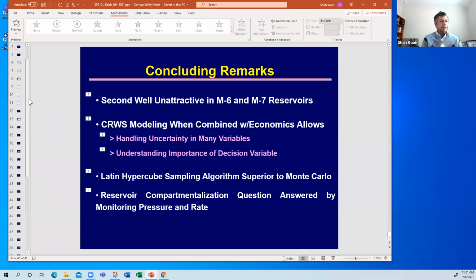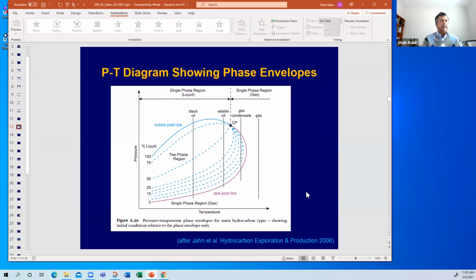So let's go back to this figure. So this is called dry gas. And wet gas is basically gas condensate.